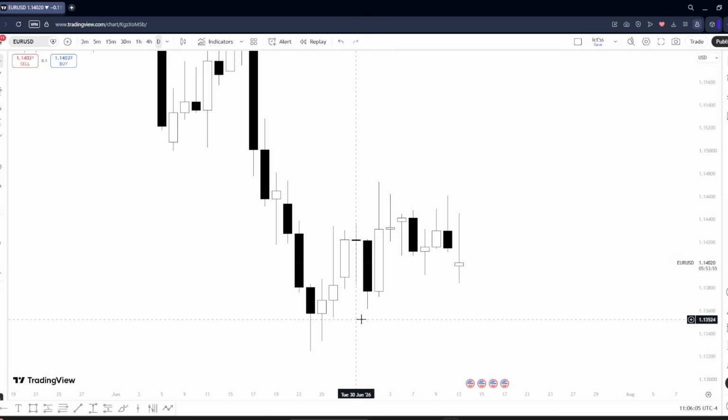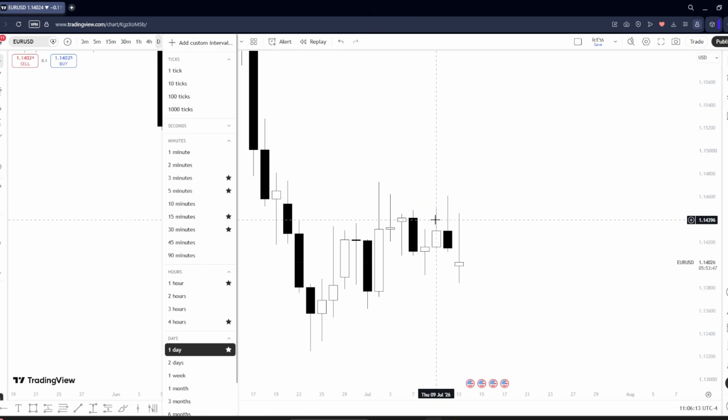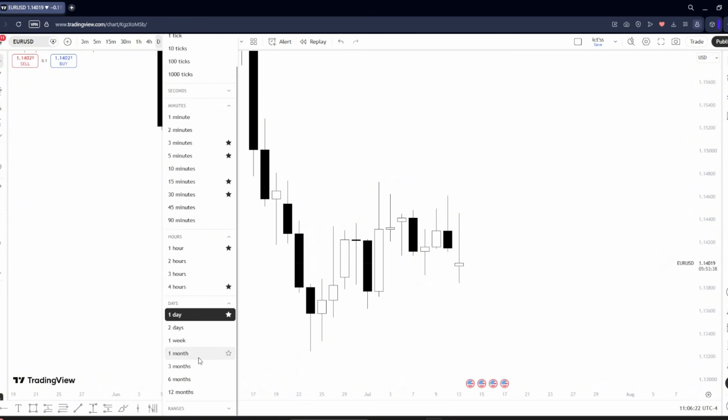This will be a pre-weekly analysis on the EU chart, and I would like to start everything off from a time frame. I would like my range to stand out, which means if I'm looking for some sort of a weekly range trade, then the bulk of my analysis is going to be on a weekly chart.